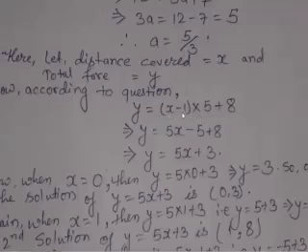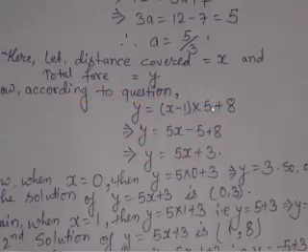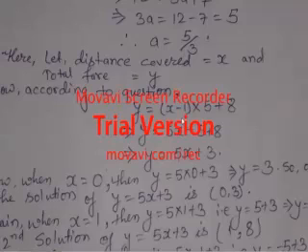So if it becomes 2, what will happen? 2 minus 1 is 1, 1 into 5 is 5, so 5 will be added and it becomes 13 rupees. For 3 kilometers, 3 minus 1 is 2, 2 into 5 is 10, so 10 rupees will be added. So according to that, you have to think and arrange the variable in such a way.